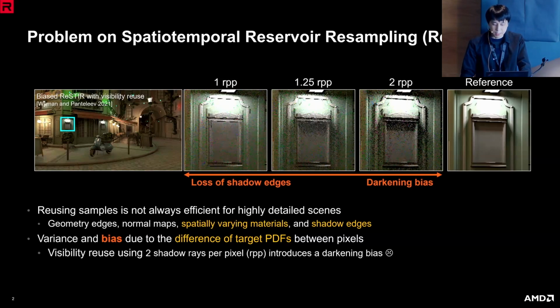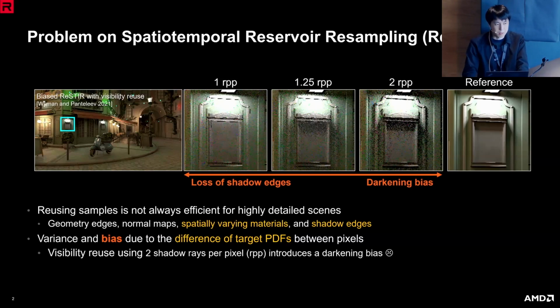When the target PDF for the reused pixel is significantly different from the integrand at the current pixel, the reuse can increase variance. This mismatch also increases bias for biased ReSTIR variants that reuse shadow ray visibilities.